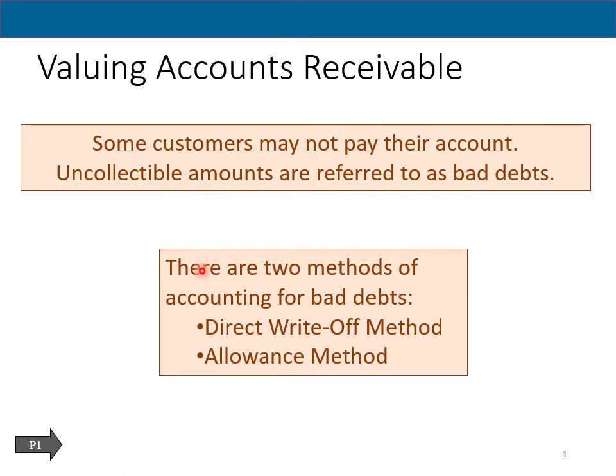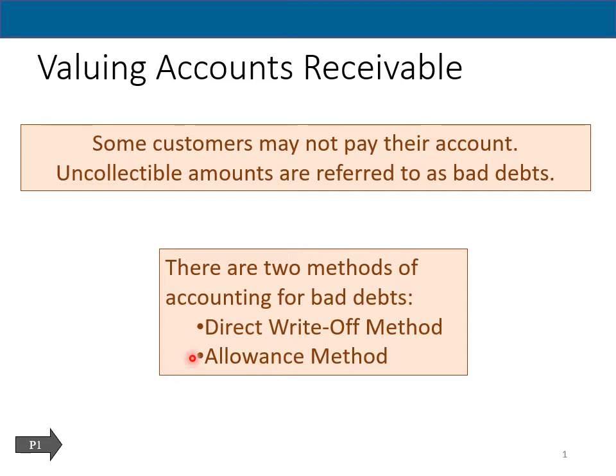All right. And so there are two methods of accounting for bad debts. The first is the direct write-off method, which is only appropriate when receivables are relatively small and immaterial relative to the overall financial statements, i.e., primarily in cash businesses that don't have a lot of receivables.